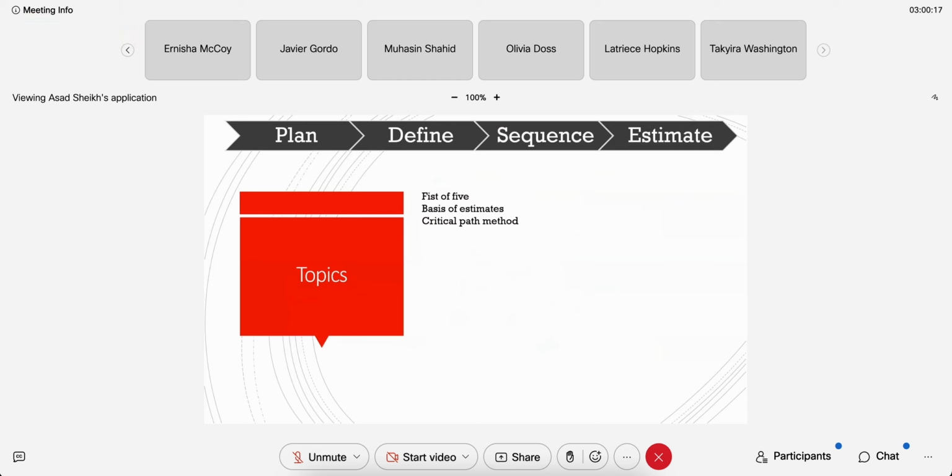So next is basis of estimates, and one of them is this fist of 5. Who can tell me what the fist of 5 is? Voting, maybe? Voting. Yeah, it is. It's just another consensus. Consensus based, page 206.